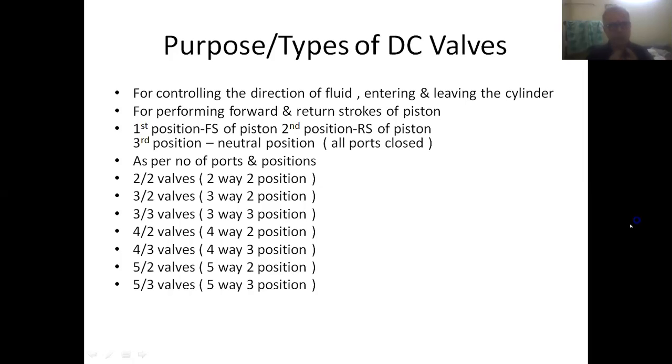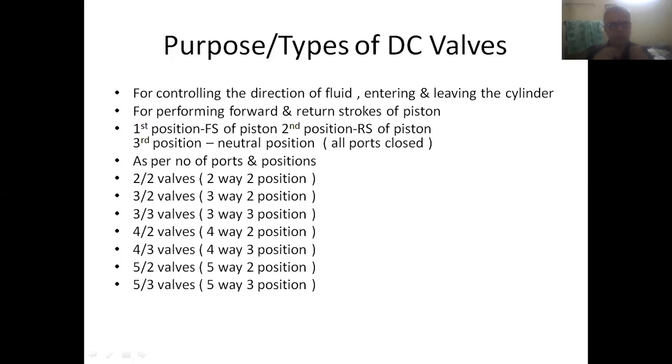And similarly, in five-way valves also, we have two categories: the first is a two-position valve, and the second is a three-position valve. So friends, two-way two-position, three-way two-position, and so on, up to five-way three-position. This way, DC valves are classified into 7 different categories.